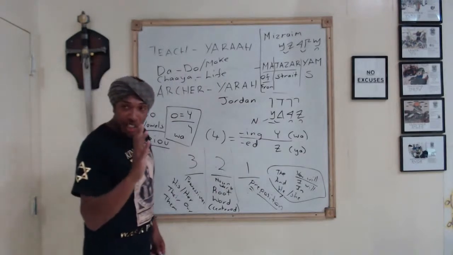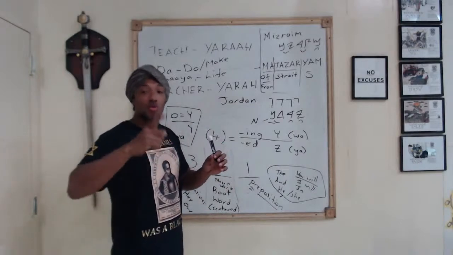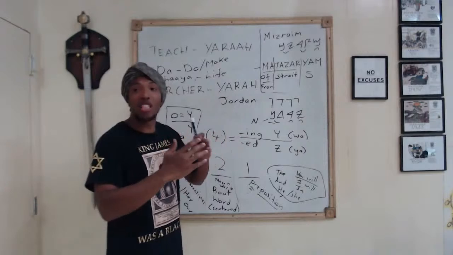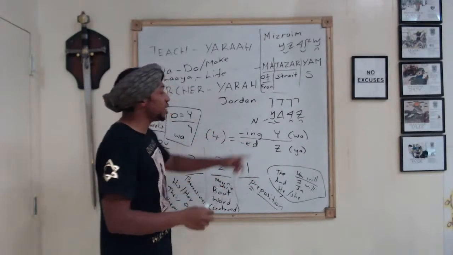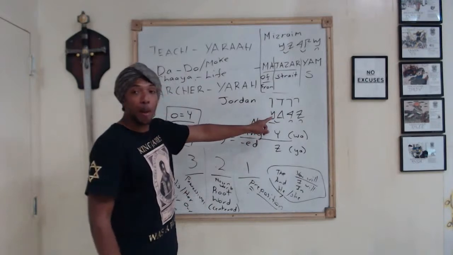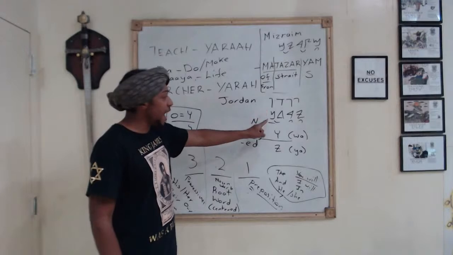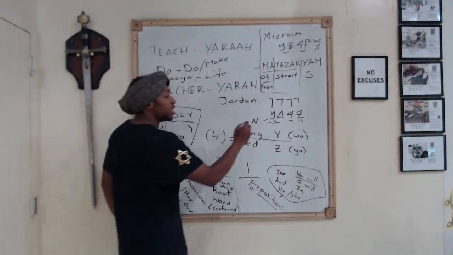For your accelerated education in Hebrew, I need you to remember this and keep this as a tool of how to transliterate or to translate Hebrew to English. I'm going to say, if you see a person or place, to consider that the N at the end of a word means noun.